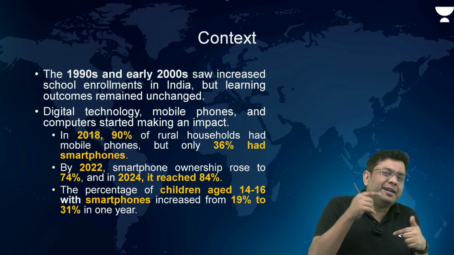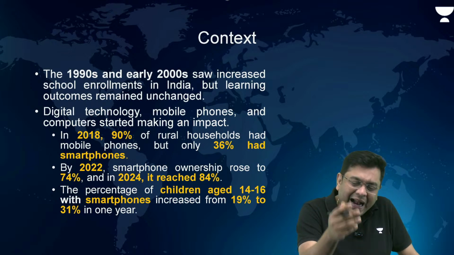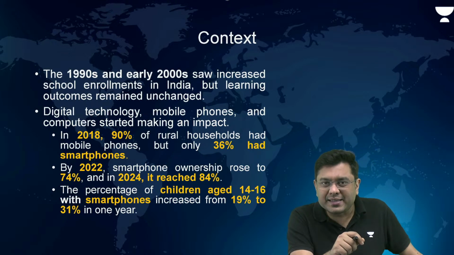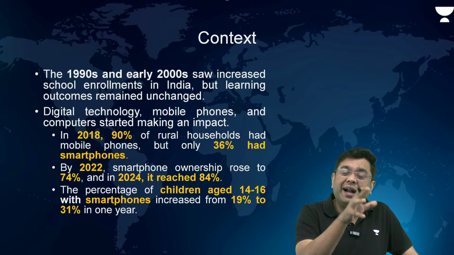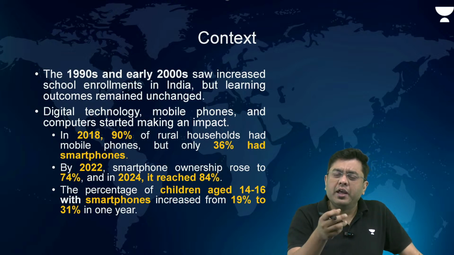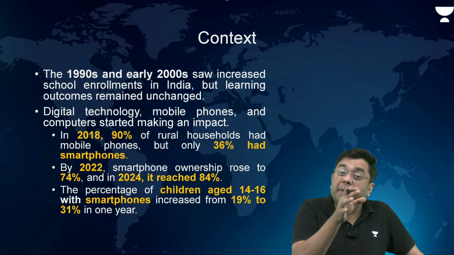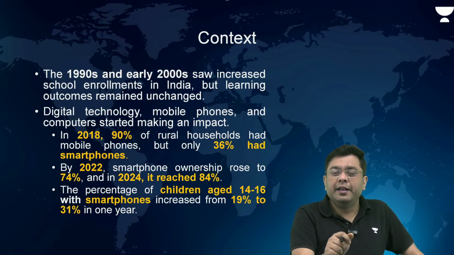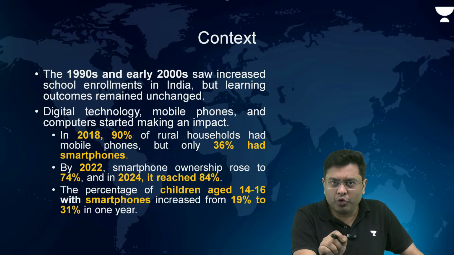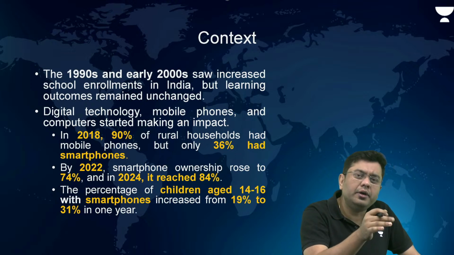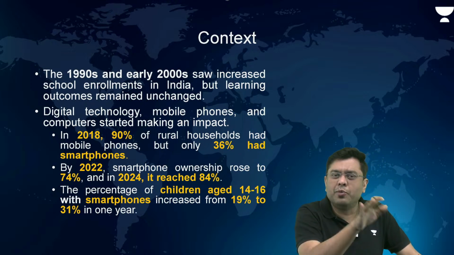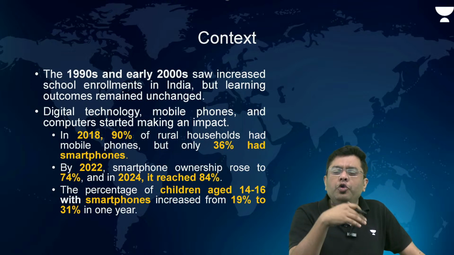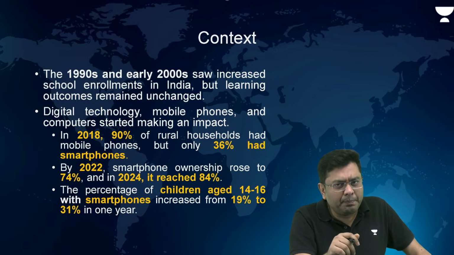So during the COVID pandemic, smartphone penetration increased. The article also talks about smartphone ownership by the female population, that is, the woman of the family. If the mothers have smartphone ownership, the children are more likely, and have been more likely, to utilize that smartphone for their own educational purposes.